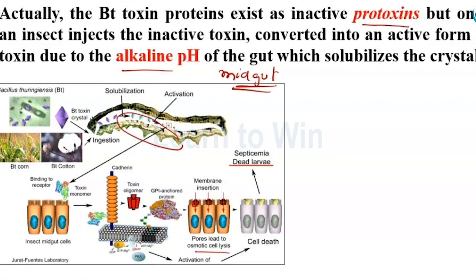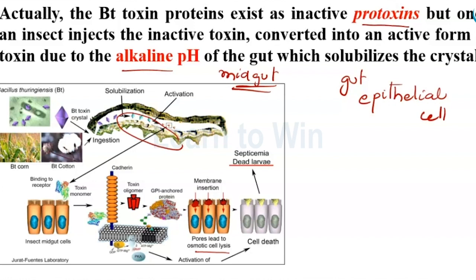It creates pores in the gut epithelium. The epithelial cells of the stomach or the mid-gut will have pores, they'll start to have osmosis and they will die. So in this way, it is killing the lepidopterans or the dipterans or whatever you want to take, all those that we mentioned.